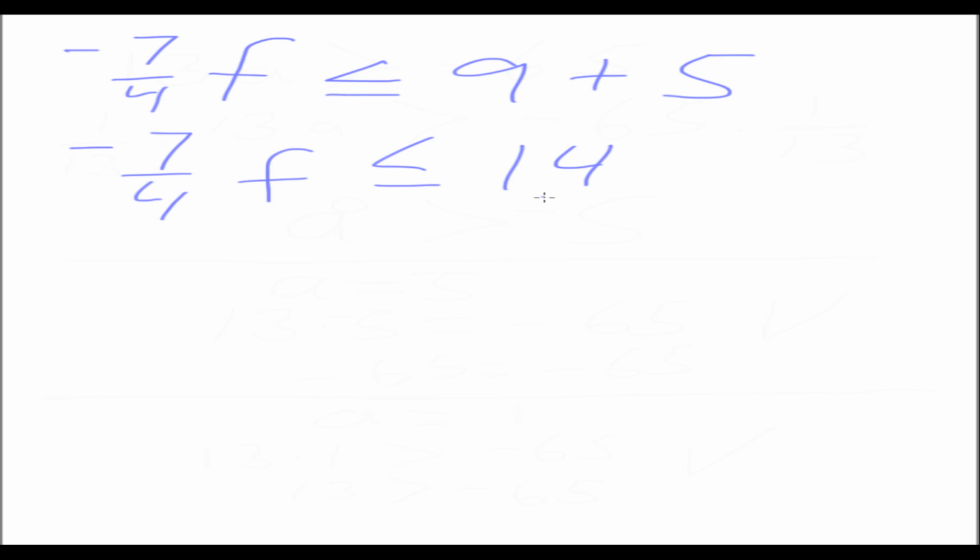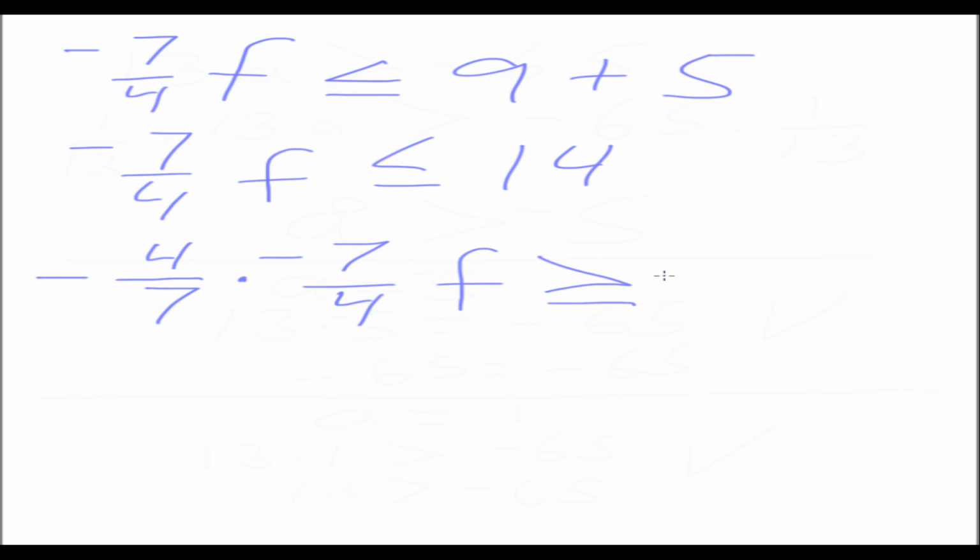So that's good. Now I find the reciprocal of -7/4, and I need a negative because a negative times a negative is a positive. And I want to multiply it by its reciprocal, which is the value that will make a 1. And that would be -4/7 times -7/4 f. I used a negative here, so I need to flip the inequality. Is greater than or equal to 14 times -4/7.